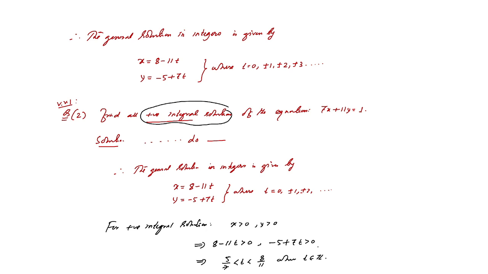But there is no such integer t exists between 5 by 7 and 8 by 11. So there is no such integer on the real line in between 5 by 7 and 8 by 11.